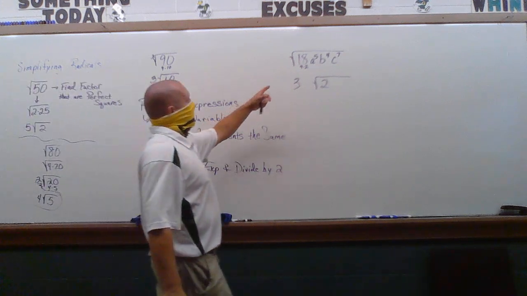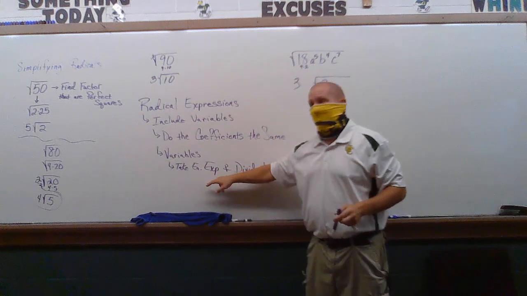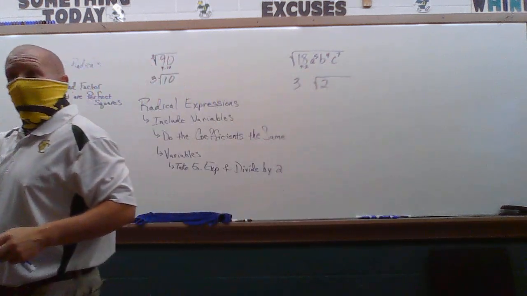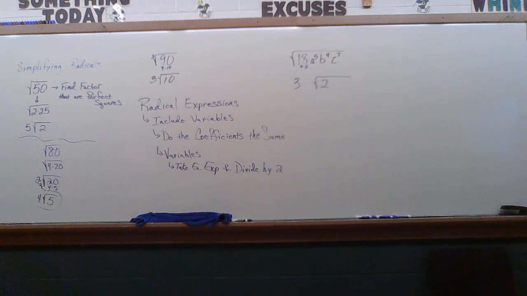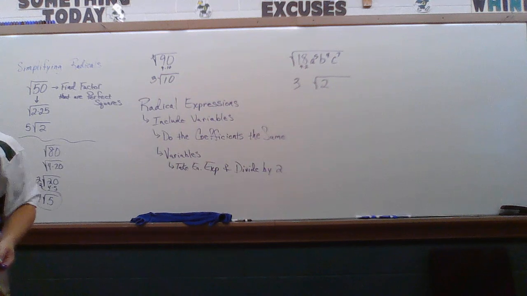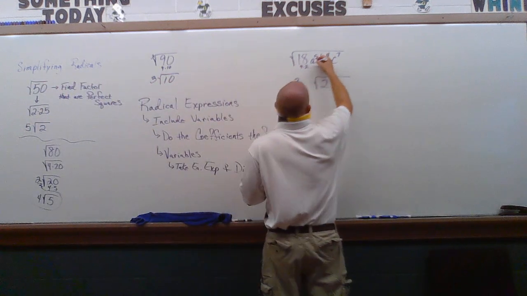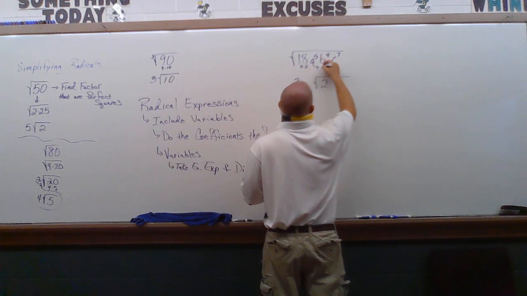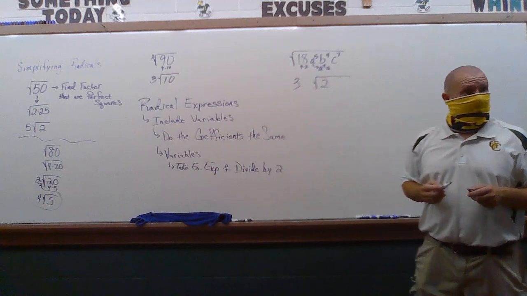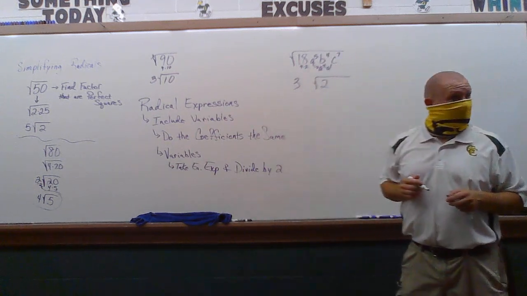Now I'm going to go through each variable, look at its exponent and divide by 2. So can I take 5 and divide it by 2? Can I take 2 out of 5? Yeah. How many times can I take 2 out of 5? 2 times, right? So basically, I'm going to break this a to the 5th down into a to the 4th times a. Would you agree with that? Because 4 plus 1 would get me back to my 5.